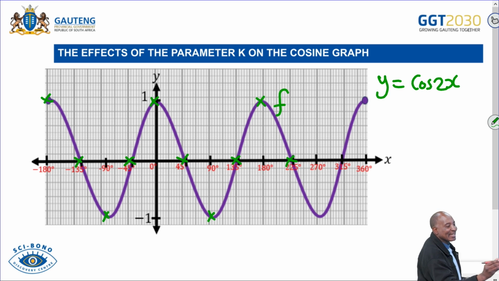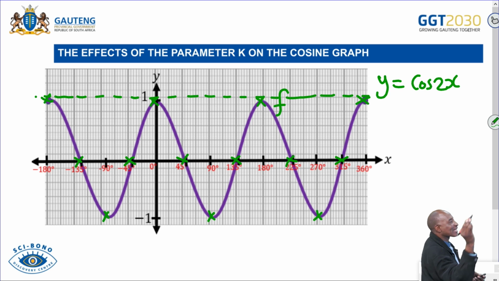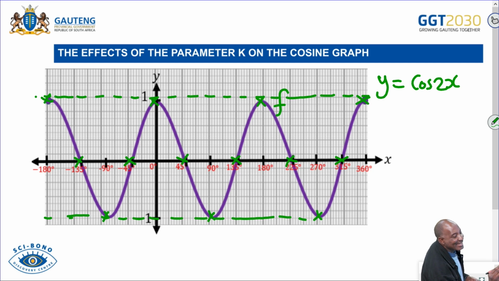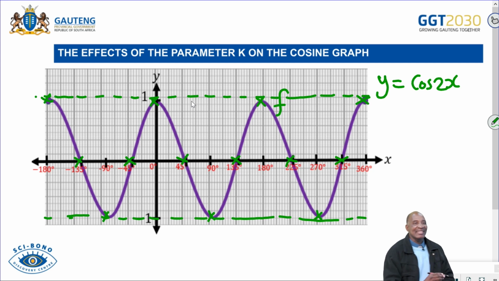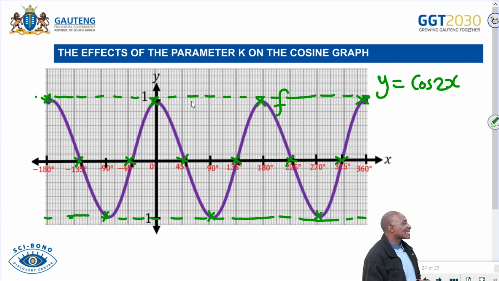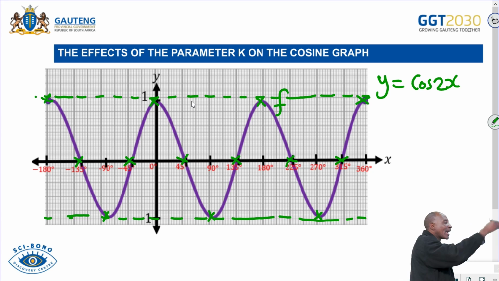You can see they are moving up and down, but they seem to be stopping somewhere. That's your cut-off maximum. This is your cut-off minimum. Again, this graph is still trapped like the standard cosine graph. But what I'm noticing here again is that the range is still the same.